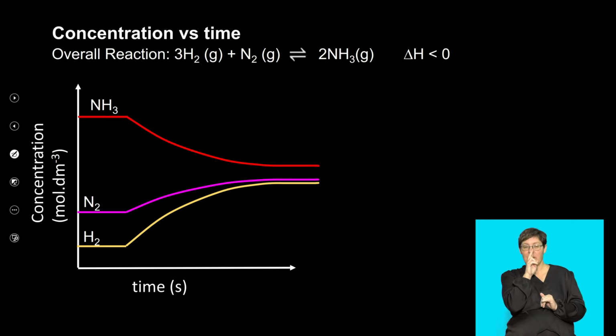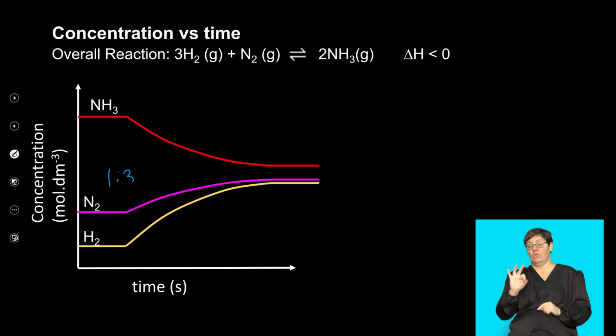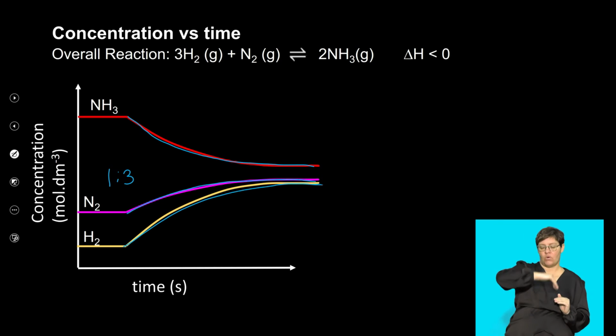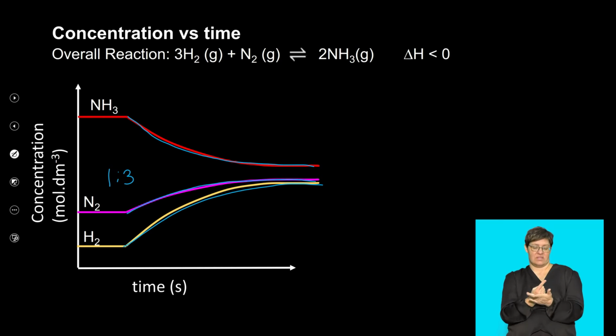On our graph, we will see our NH3 is used up, our N2 is becoming more, and our H2 also becomes more. Remember, we have a 1:3 ratio. But what you need to note here is we only have curved lines when we look at a temperature as a disturbance.